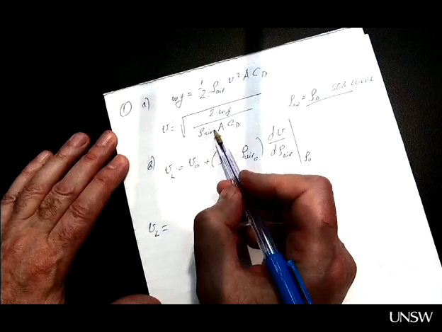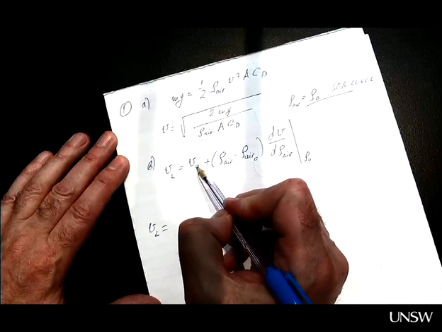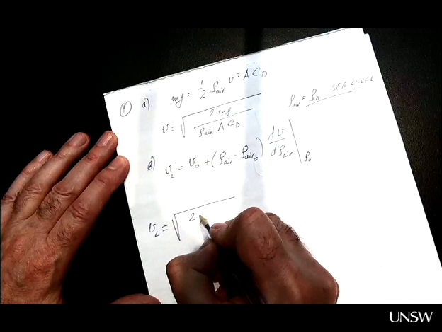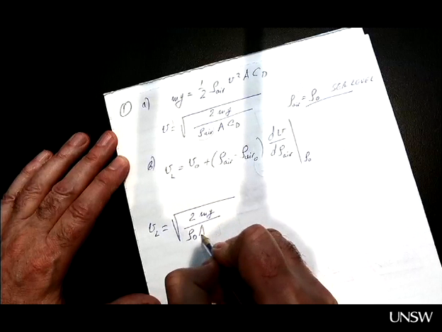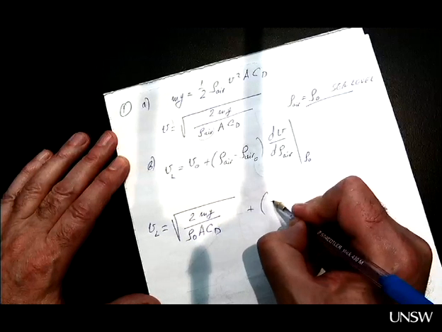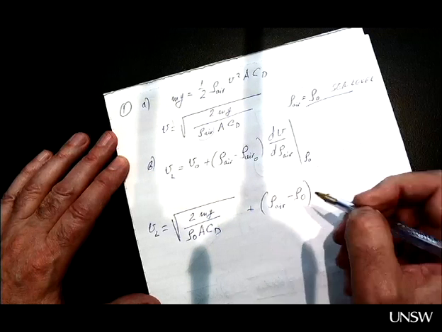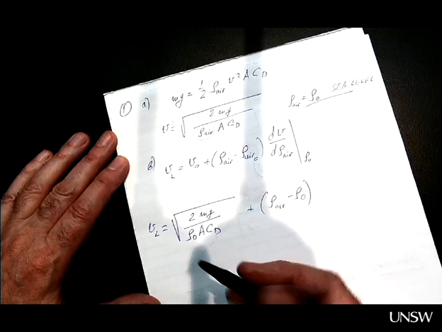VL is, everything is constant. Rho air at the operating point is just rho naught. So it is a square root 2 mg over rho naught ACD. Now plus rho air as a variable minus rho naught. Here we need this derivative. I'll just change the color quickly.